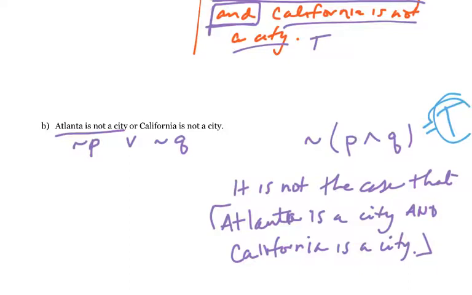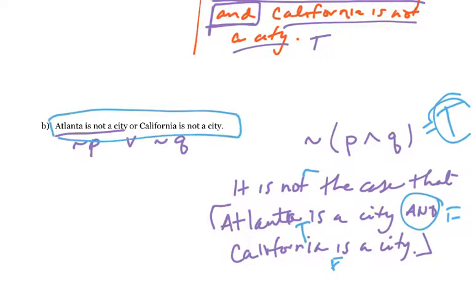That's a weird way to say it. But you could just kind of write the truth under it. So this is true, this is false, which makes this false. But with the negation from that, the negation of a false statement is true. You could also just look at the original statement that we were provided. Atlanta is not a city or California is not a city. Well, this is false, but this is true, so this or statement is true.